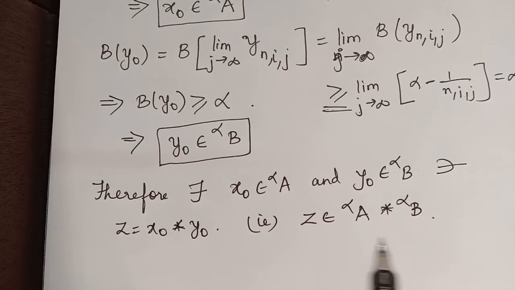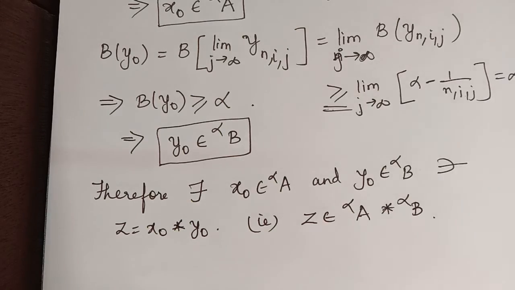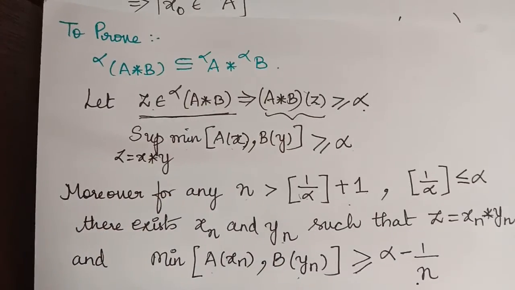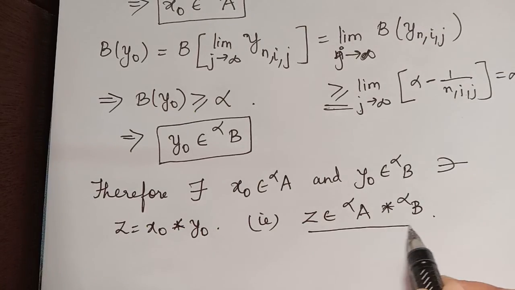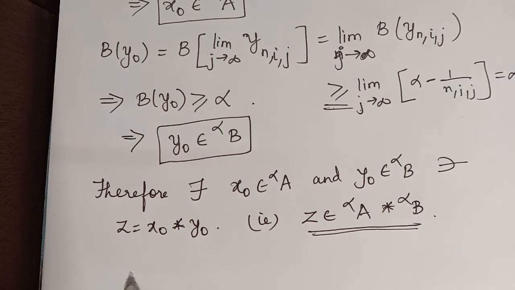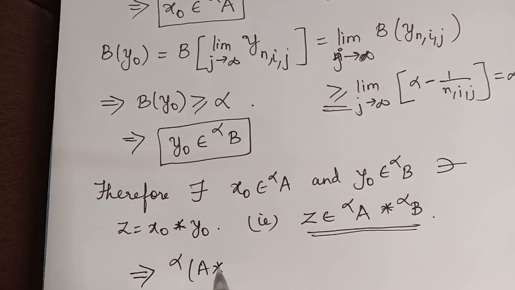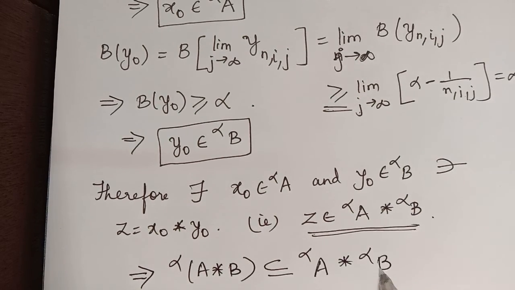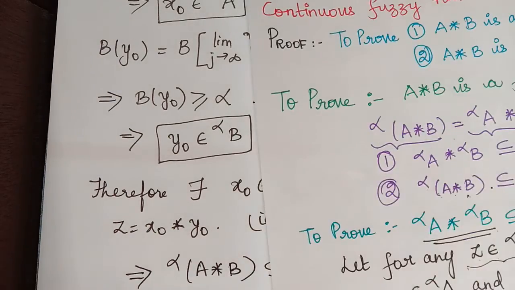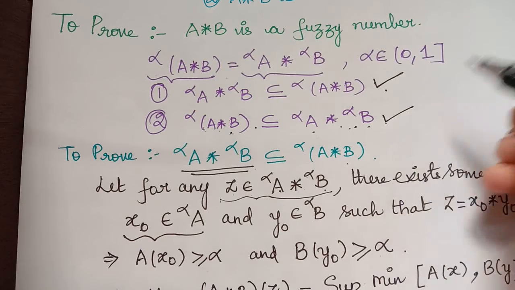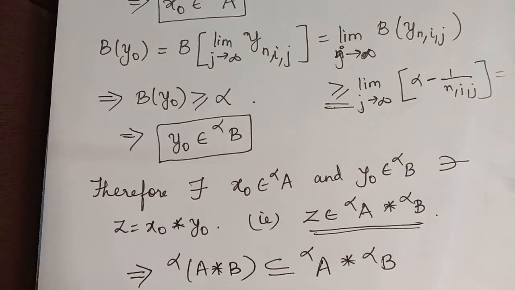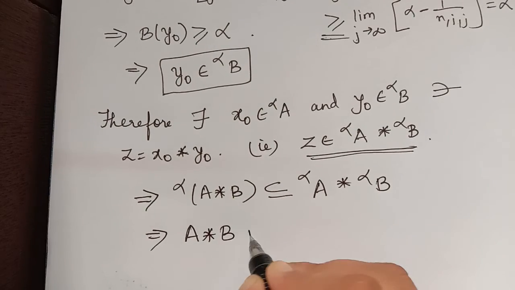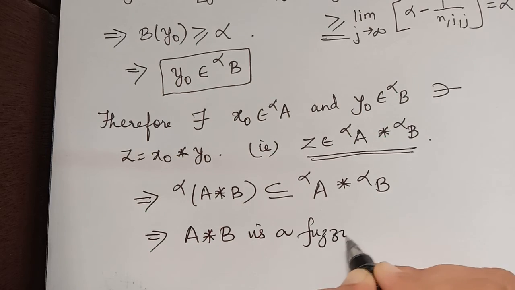Thus we started with z to be an element of alpha cut of a star b, and we have proved that z is an element of alpha cut of a star alpha cut of b, which implies that alpha cut of a star b is a subset of alpha cut of a star alpha cut of b. That is, we are done with the second part of the proof. So by this we have proved that a star b is a fuzzy number.